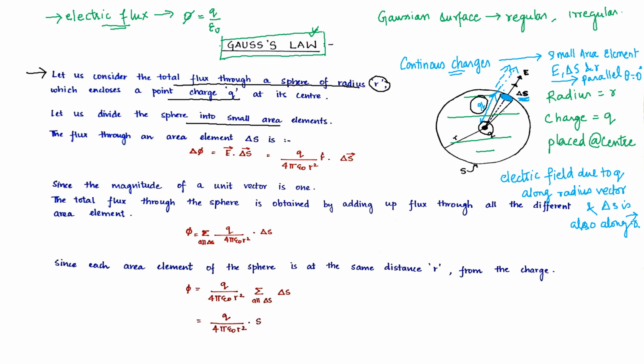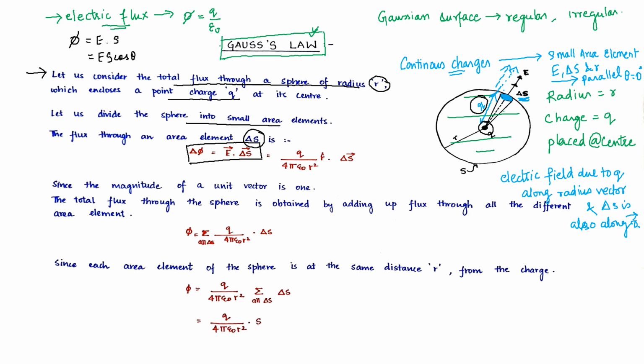Flux through an area element del S is given as del psi equals vector E dot vector del S. Here, for electric flux we have also seen it is a dot product of electric field and area vector. So when we remove this dot product, we get E S cos theta.